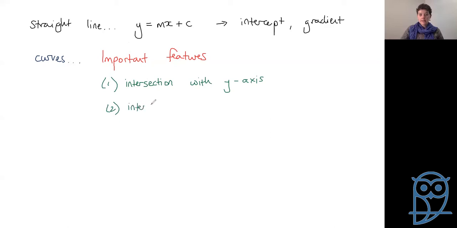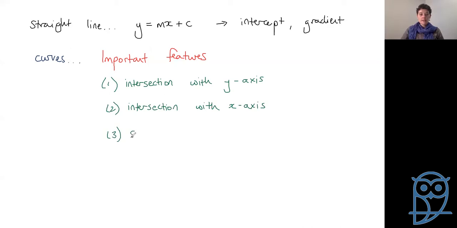Intersection with the x-axis is another very important feature, and there we're looking for a factorized form. Often if you're sketching a graph, you're given the function in factorized form, because then you can see straight away what my intersections with the x-axis are.